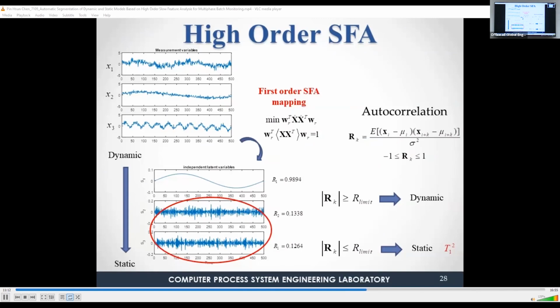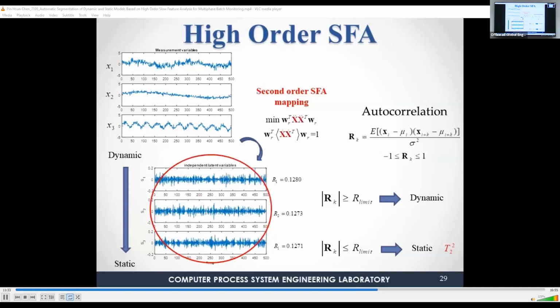But it is obvious that the autocorrelation of the latent space after this projection is far from zero, and only the autocorrelation of the variables in some latent space approaches zero. Therefore, only these variables can express T2. In the first order, SFA cannot fully describe the data.